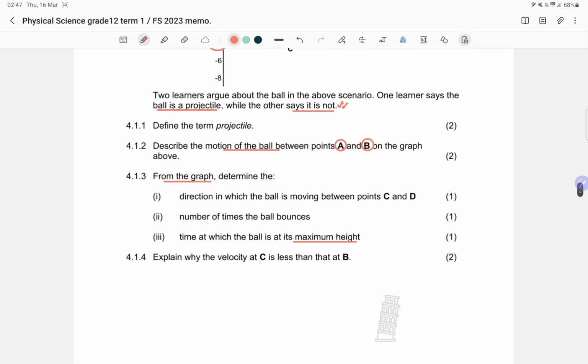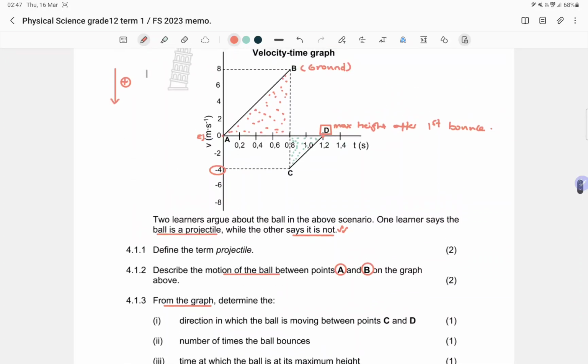Now explain why the velocity at C is less than at B. We can already tell here that the velocity with which it leaves the ground is less than the velocity with which it arrived at the ground. So what happened? There was an impulse, right? Or an impact that happened. So there was sound energy, as well as the ball got deformed to some extent, depending on its pliability.